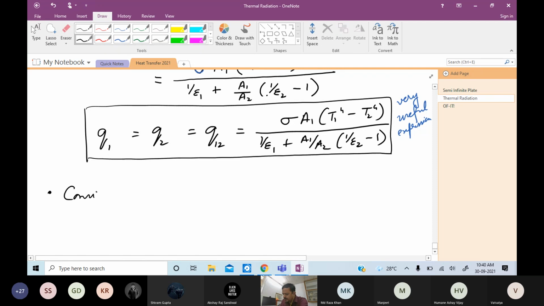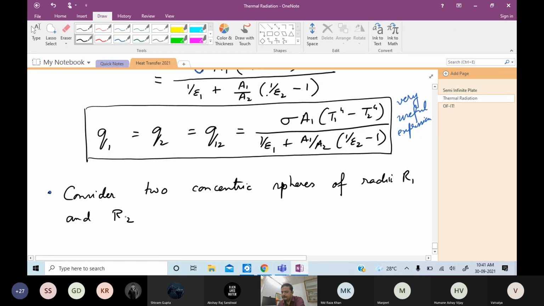So therefore, if you consider two concentric spheres of radii R1 and R2, here also F1 to 2 equals 1 and F2 to 1 equals A1 by A2, except A1 by A2 will be R1 squared by R2 squared.